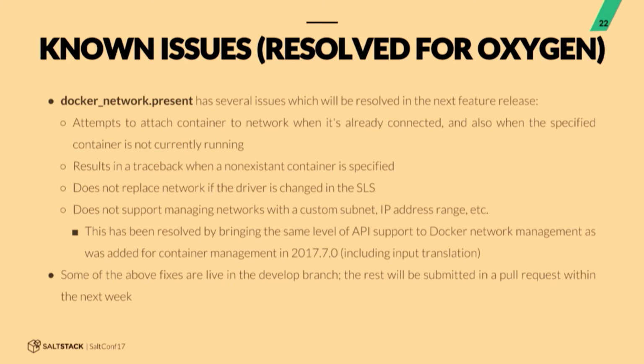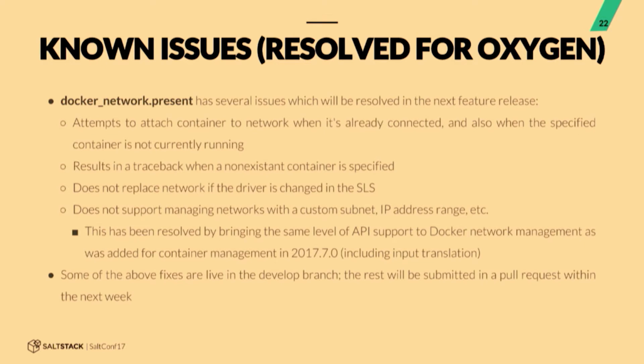If a container is not running, it is not reported as being a member of that network. And so even though the container is technically a member of that network, if it's stopped at the time you run the docker_network.present state right now, it'll try to reconnect. It'll try to add it, which won't cause an error, but it'll report that it tried to do something every time. Starting with the Oxygen release, we'll actually detect if the container is stopped and not attempt to connect it.